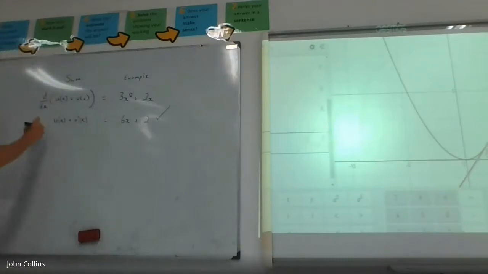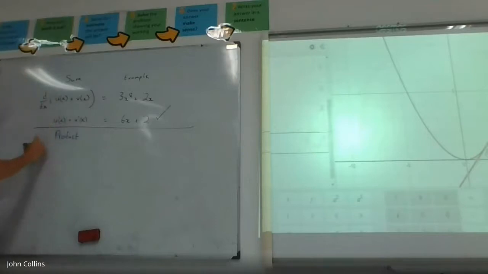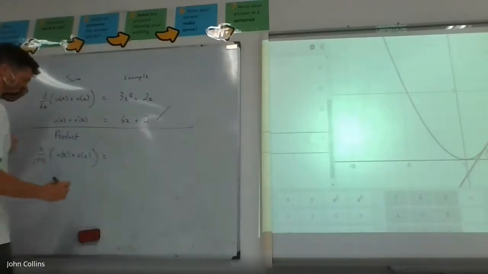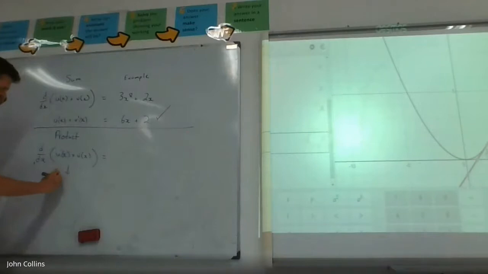Does the same thing work for the product? You can't have a fail in one, otherwise I wouldn't be doing it. Product. So is the derivative of two things multiplied together, u(x) multiplied by v(x), does it equal, I'll put it below it, does it equal u dash x times v dash x?